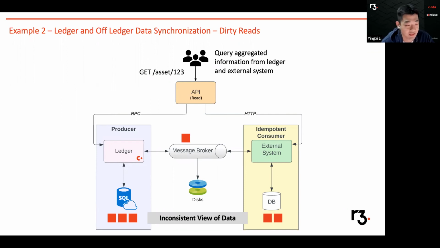Sorry, I'm not getting that either. Let me try to see what you mean. If we're looking at the chart diagram right now, get/asset/123, that's the client app. The end transaction, what do you mean by end transaction?